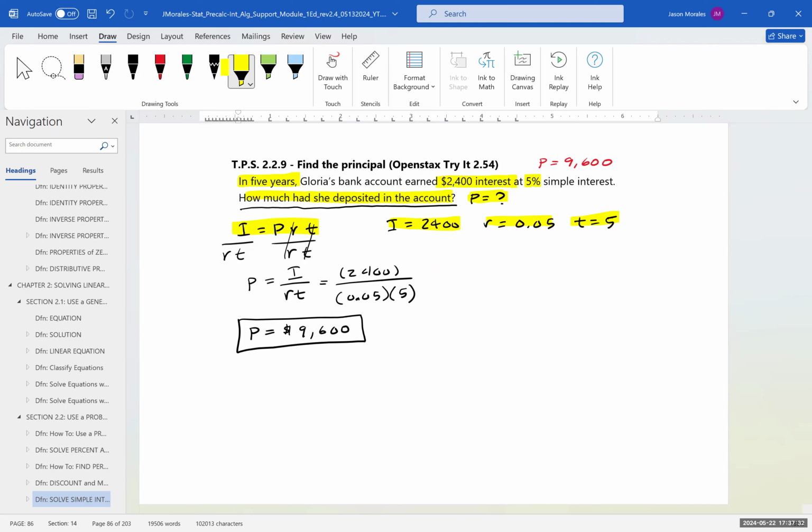So divide both sides by rate times time. And the principal is going to be equal to the interest divided by rate times time. So we get 2,400 divided by 0.05 times 5. And that should give us a principal amount of $9,600. Let me know if you have any questions.